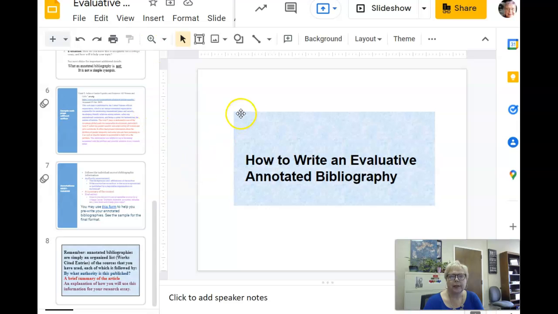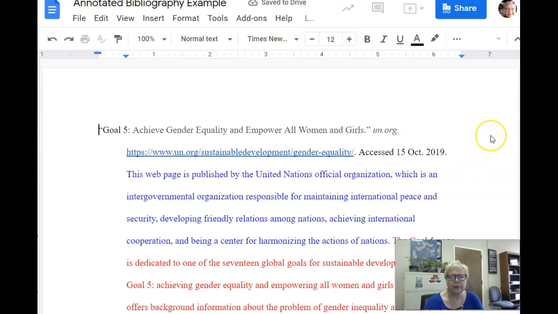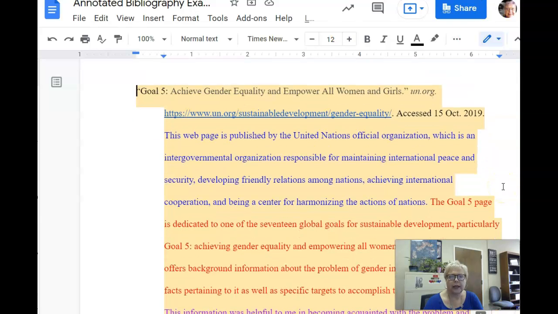So that is something there for you to view. I have also given you this, the annotated bibliography for your first source. Same thing that I just showed you a while ago on the assignment sheet. Gave it to you twice so you can look at it.